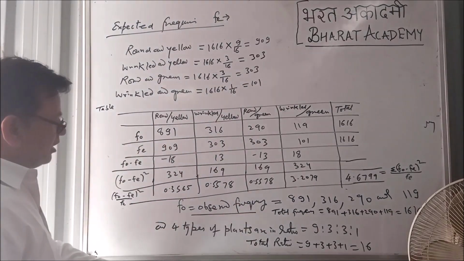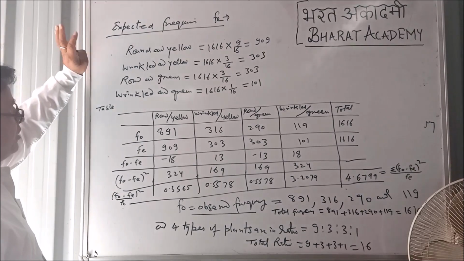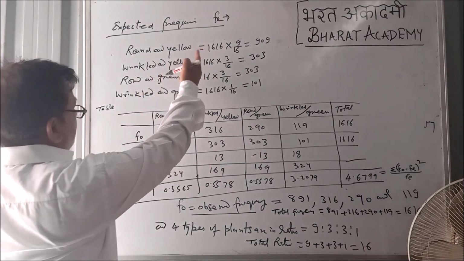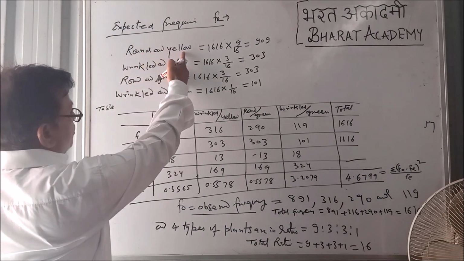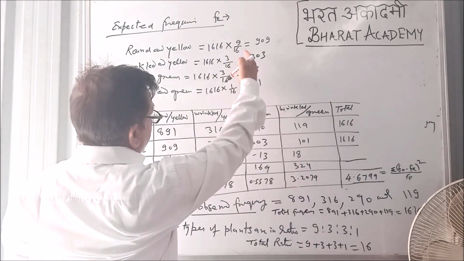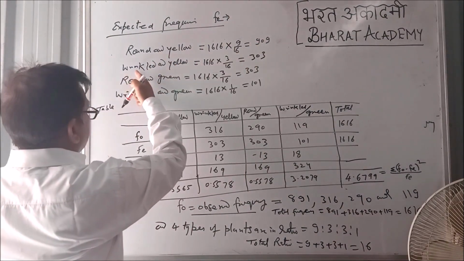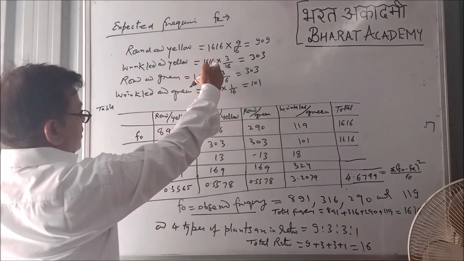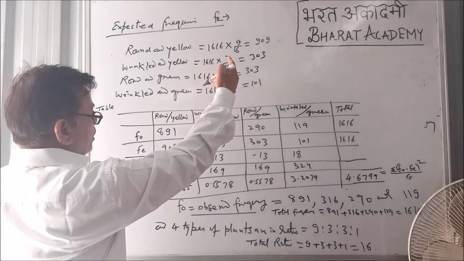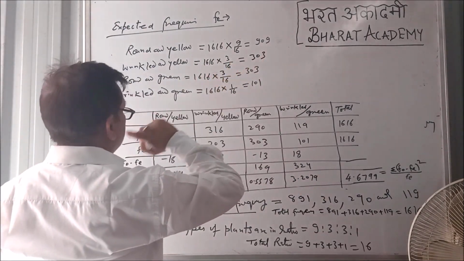From these calculations we can calculate expected frequency for this data. The first expected frequency for round and yellow will be total frequency into its part, 9 upon total ratio, that is 16, this is 909. Second, wrinkled and yellow, total frequency 1616 into its part, second part is 3 upon 16, this is 303.